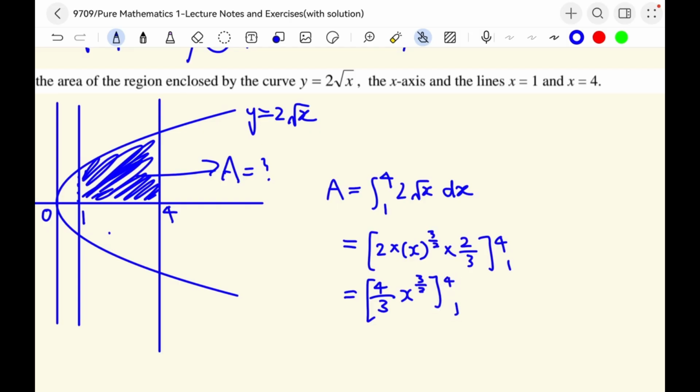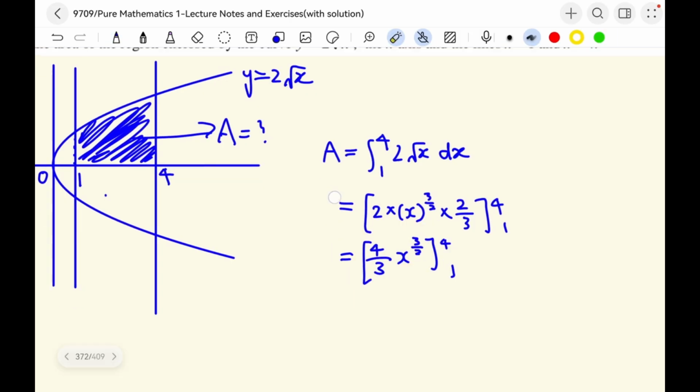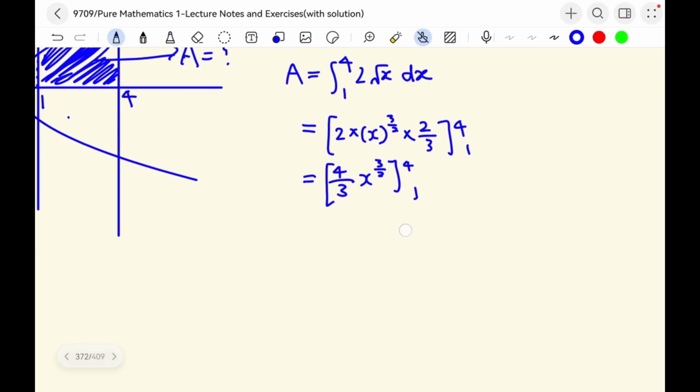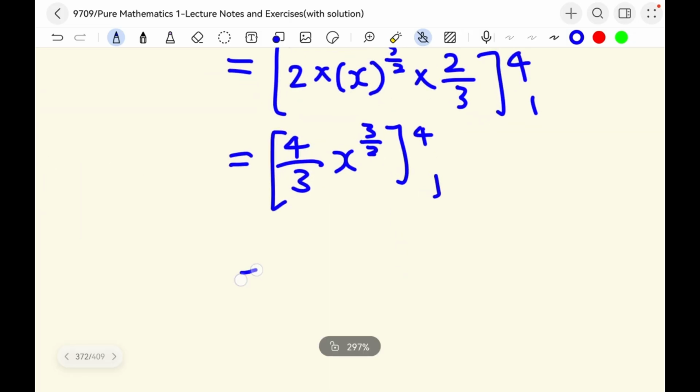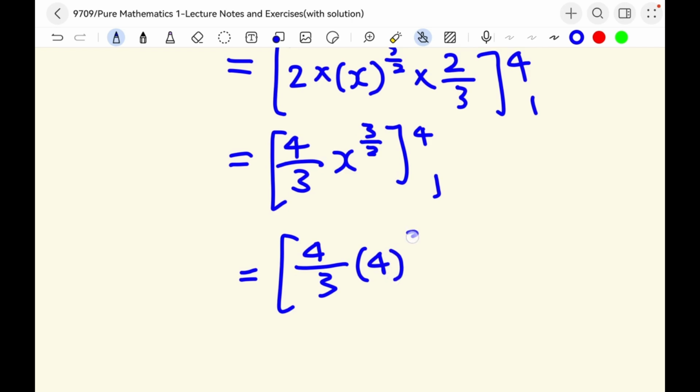That's the integrated result. Now substitute the limits inside to get the scalar value of the area. So just put it inside.